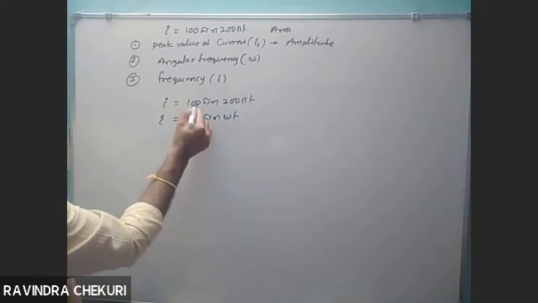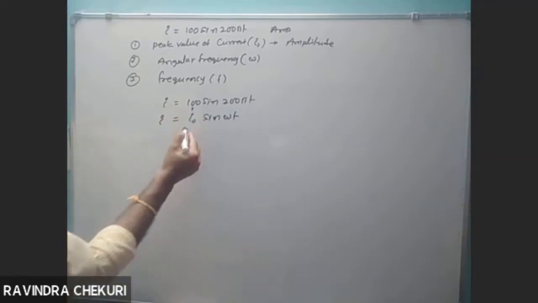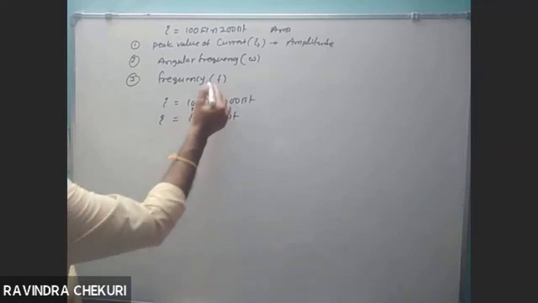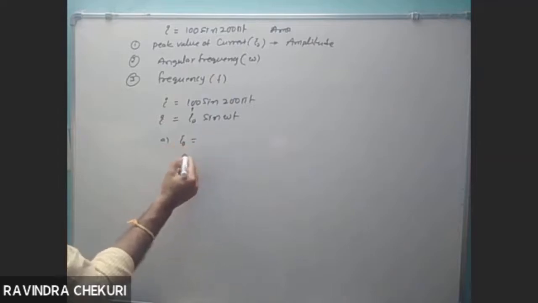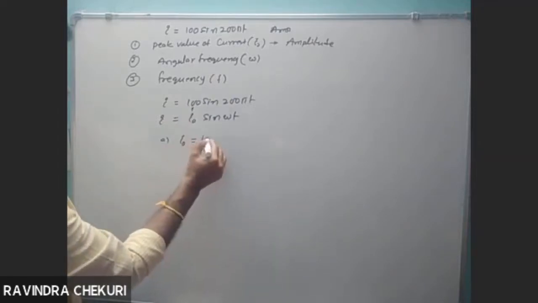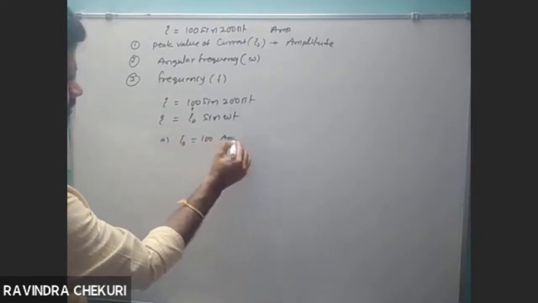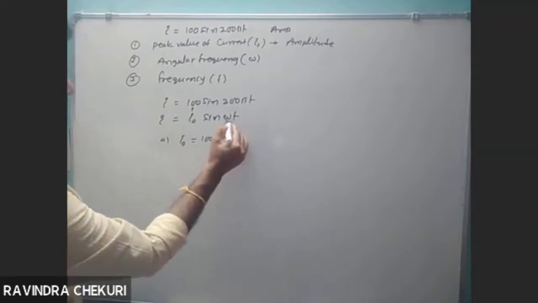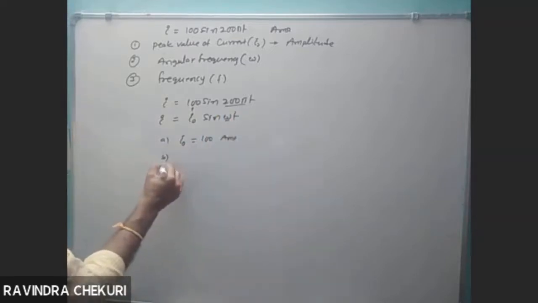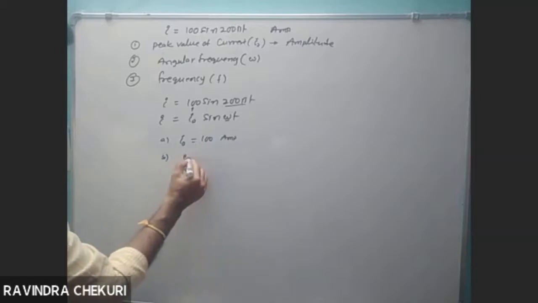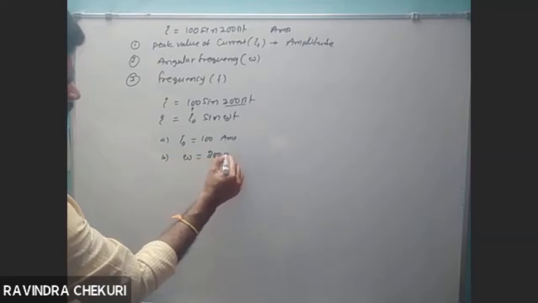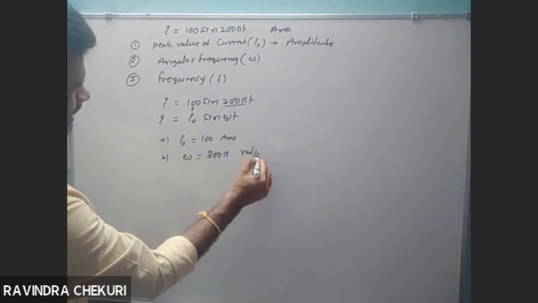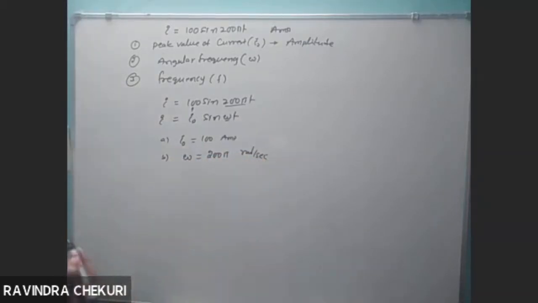The peak value or amplitude I naught is 100 amperes. And the coefficient of t is omega, so the angular frequency omega is 200 pi radian per second.